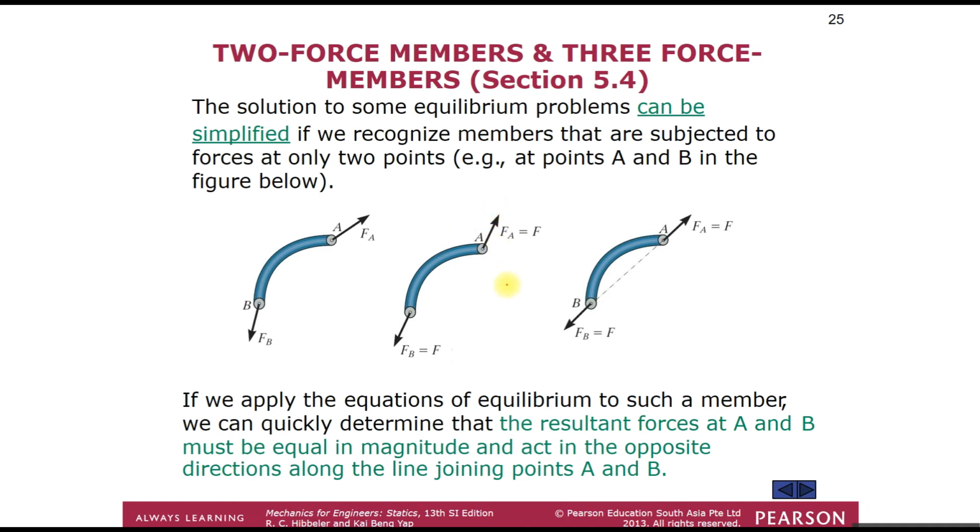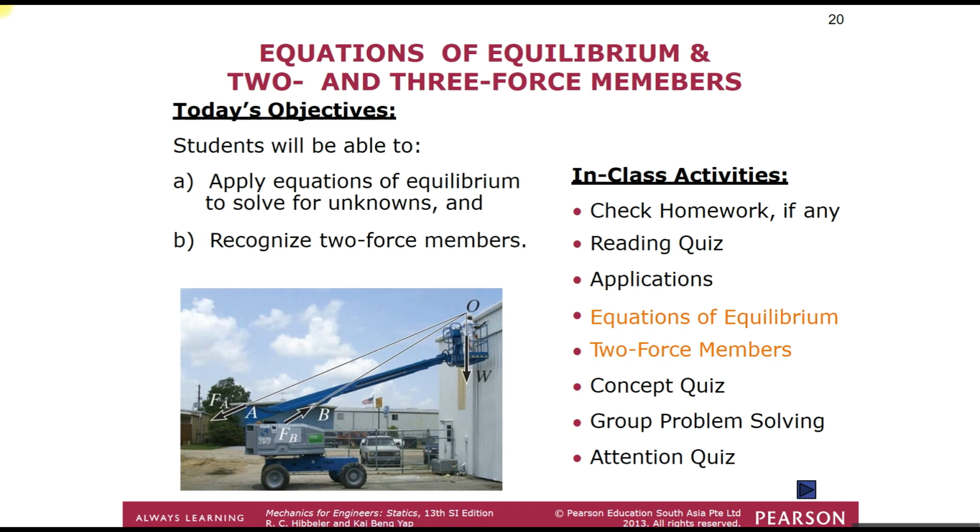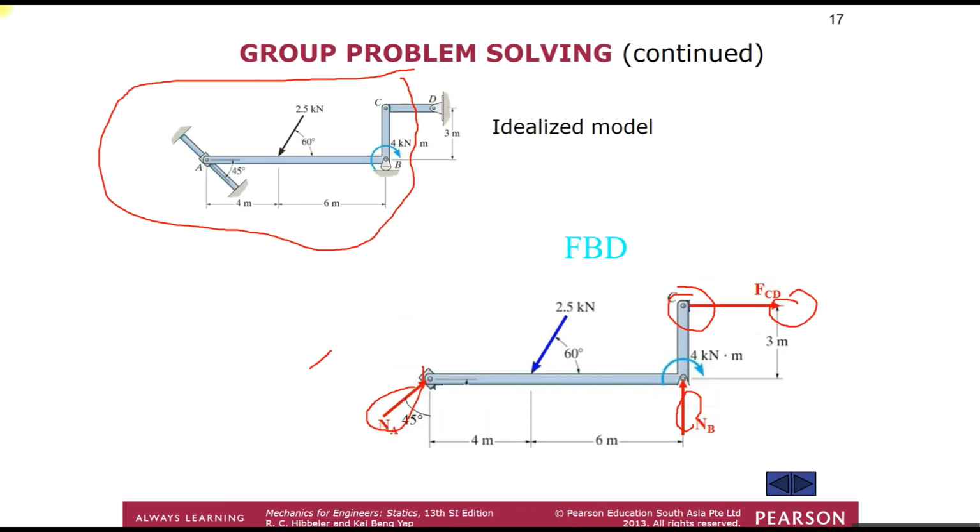So if we go back to this example, we see here this is what we call the two force member, because there is a force acting on it here, and there is another force opposite of this. So we know that this is a two force member, which is why we represent it as just a single force.